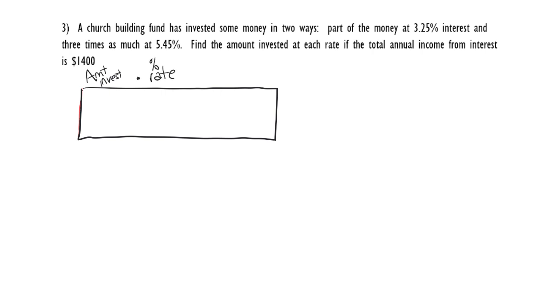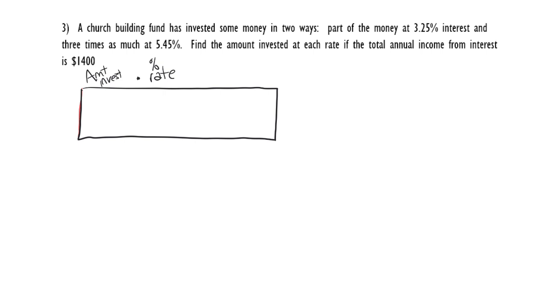And sometimes you even have to multiply it by the time, because this interest rate that's given to you is always given over 1 year. So if you have a problem where you're going to invest for 2 years, then you would also be taking it times time, and you'd be putting a 2 in for the time.